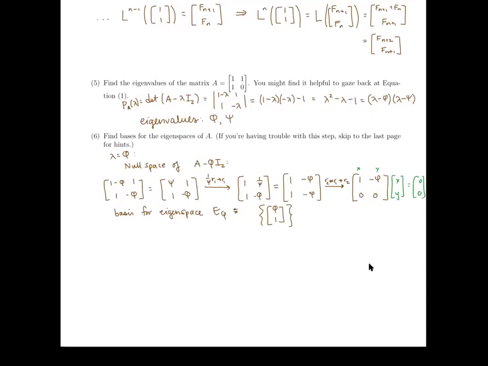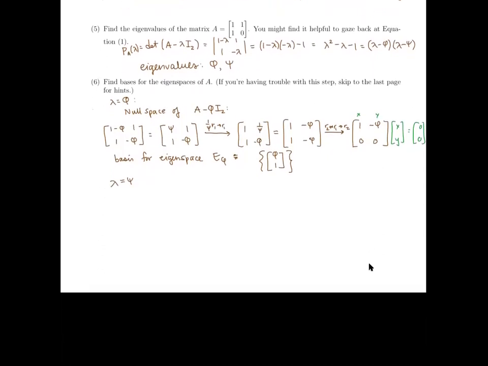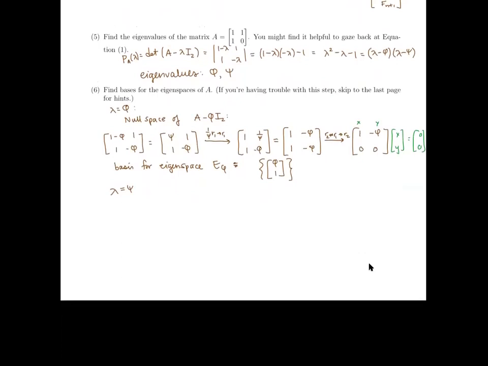And when we do this with lambda equals c instead of phi, then what happens? Well, let's see. We get 1 minus c, 1 minus c. That is going to be equal to phi, 1 minus c. As you might expect, we're going to do 1 over phi times row 1 to row 1.